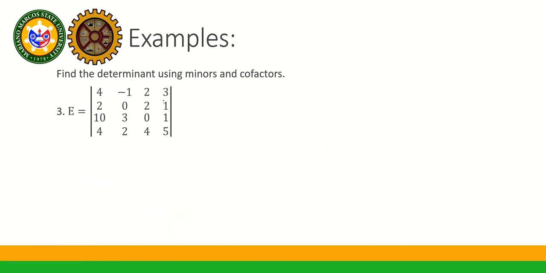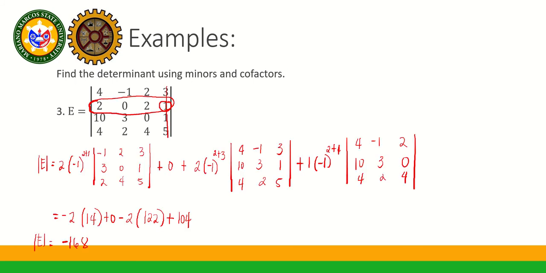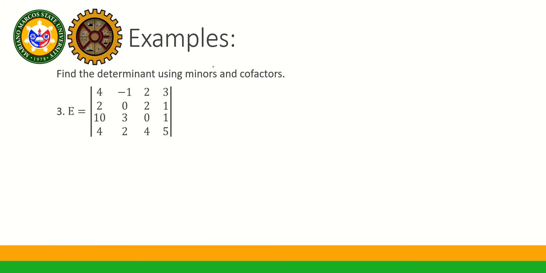Okay, for your sit work, isolve nyo to. Okay, solve this one using minors and cofactors. Tapos, since naging 3 by 3 matrix to, gawin nyo si diagonal scheme method. So, using minors and cofactors.